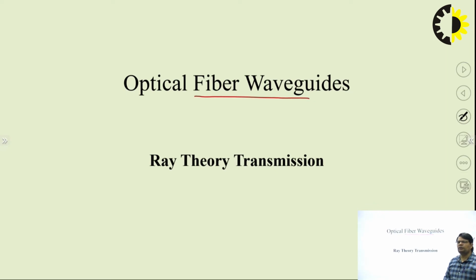The working principle of optical fiber is total internal reflection, or multiple internal reflection, from the walls of the core-cladding interface, whereas in a similar way the electromagnetic wave propagates through the metallic waveguide due to multiple internal reflections from the walls. Due to this similarity, the optical fiber cable is also known as the optical fiber waveguide.